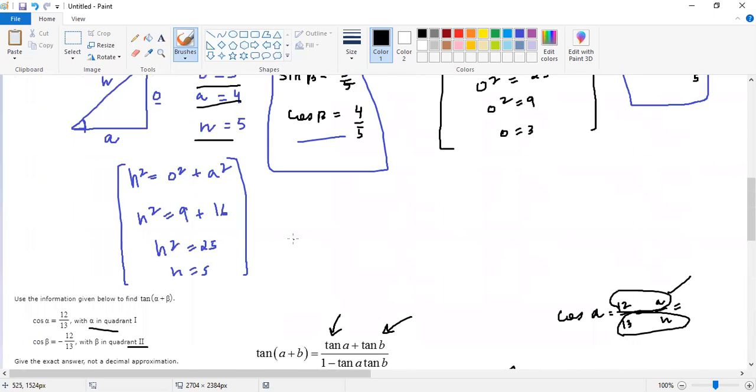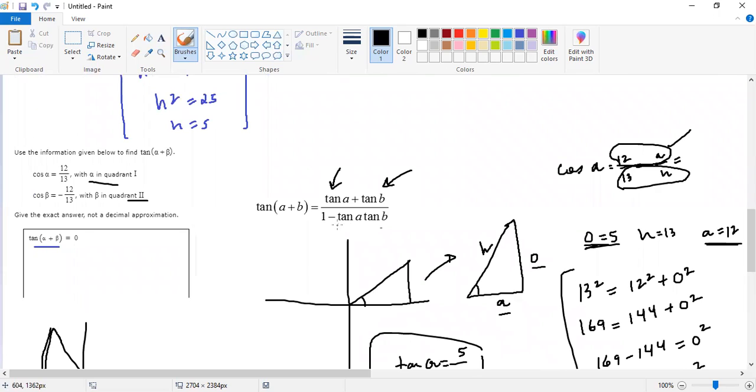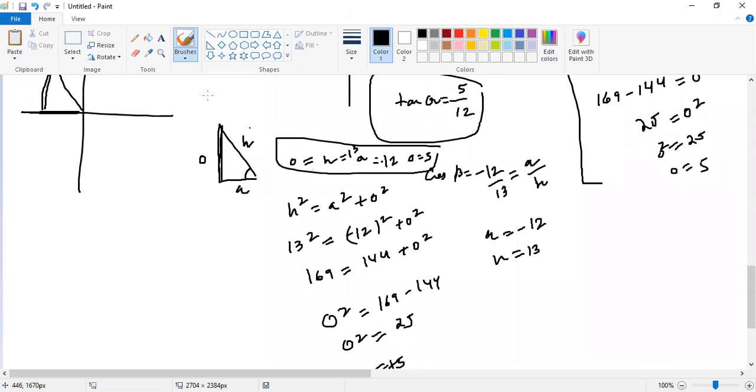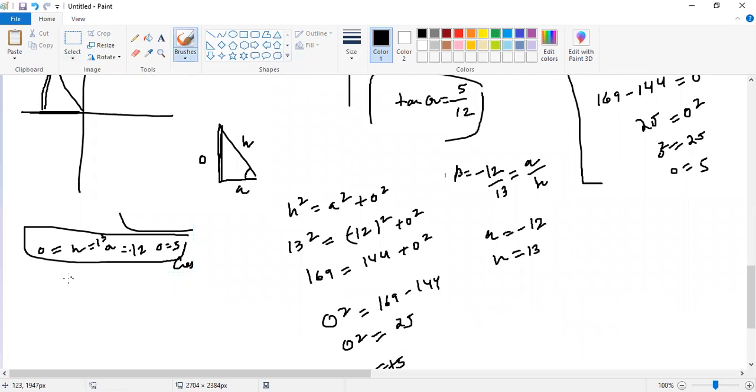Okay, which means our tangent of B, right? So this is essentially what we want to pay attention to. Our tangent of B is going to be equal to O over A, and O over A in this case is 5 over negative 12.